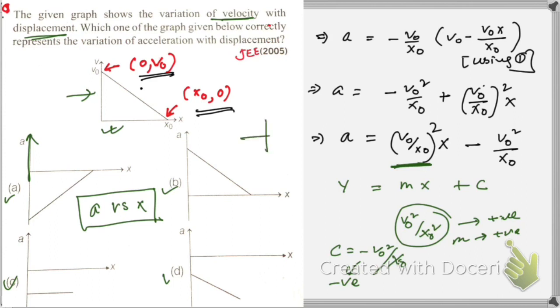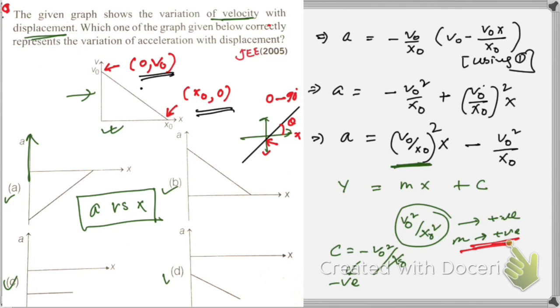So this graph should be something like this. If the slope is positive, this line must be inclined with the x-axis in this way, right? In this manner, right? That means it must make an angle between 0 and 90 degrees with the positive x-axis. Then only we will get a positive slope, and it must intersect the negative y-axis.